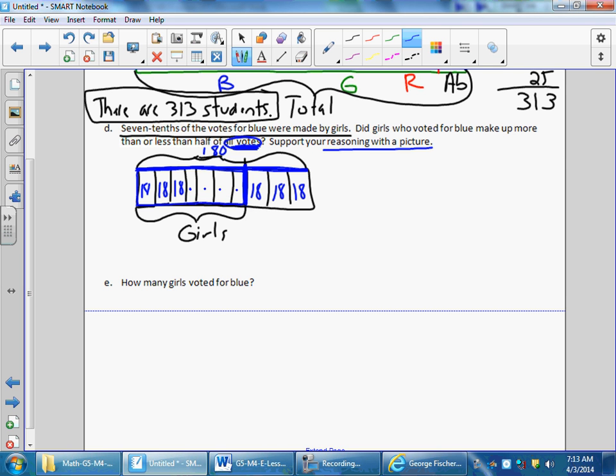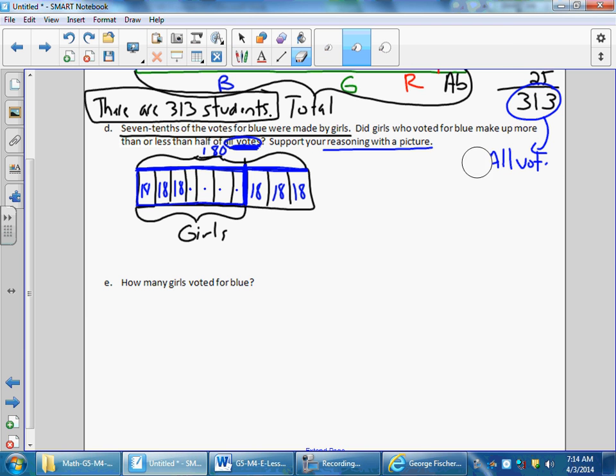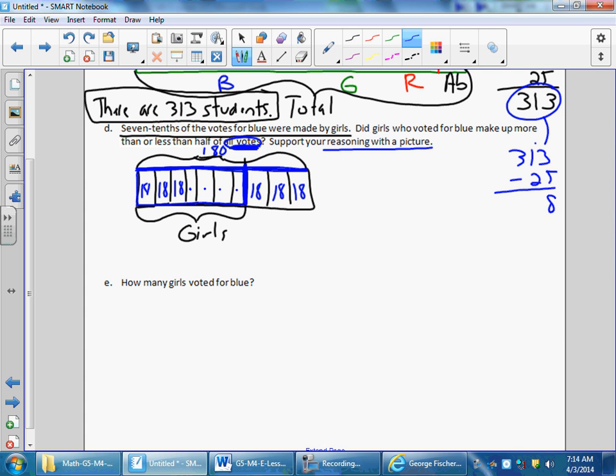But it's not half of the blue votes, it's all votes. Remember that all votes was 313. I'm sorry, that's all students. All votes would be 313 minus the 25 kids that were absent. It's 288 of all votes.